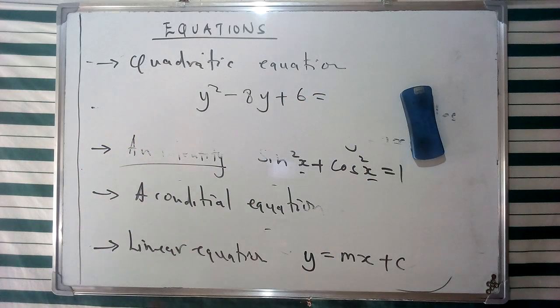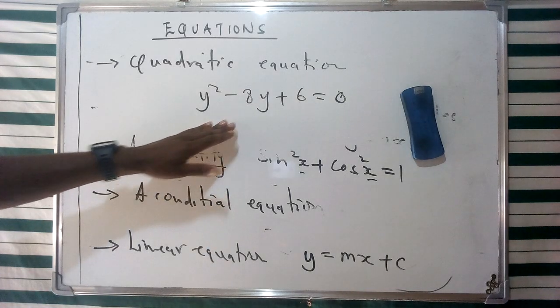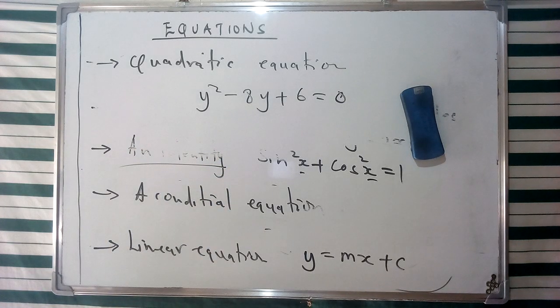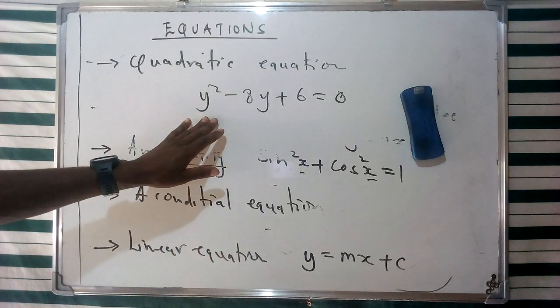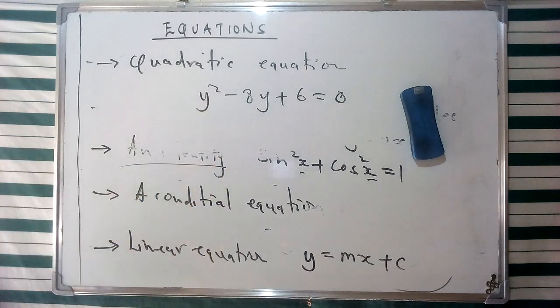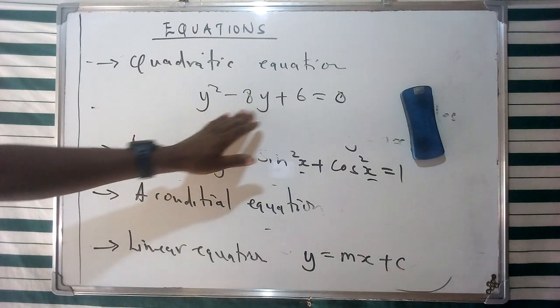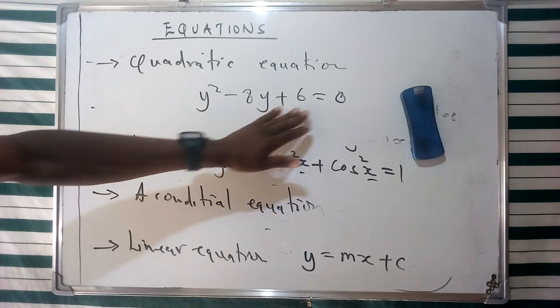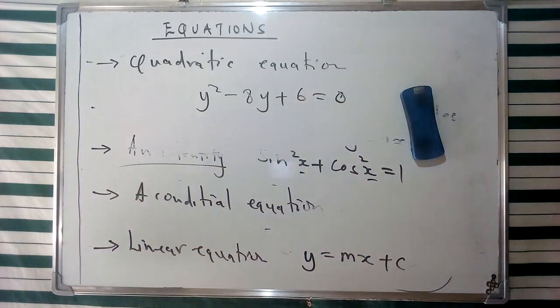This is a quadratic equation, whereby the highest exponential power of the unknown is 2, and the other terms are y to the power of 1 and perhaps to the power of 0. Of course, we will see some equations of a higher degree, but in a different video.